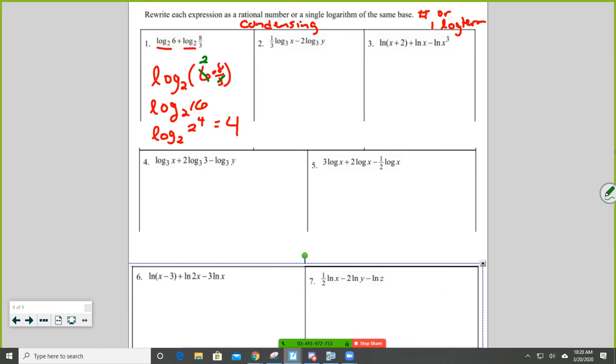Now, if there's not, and I can't see you all, okay? So I can't tell. How did you get it to equal 4?